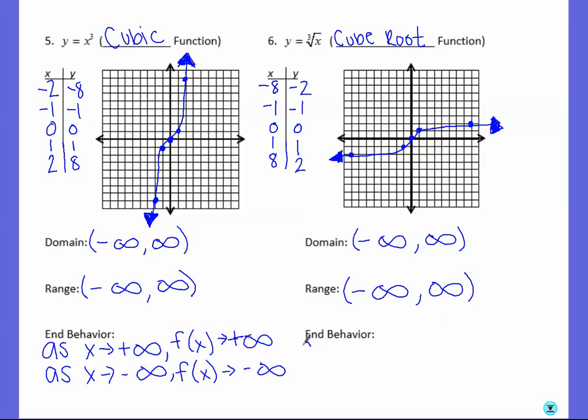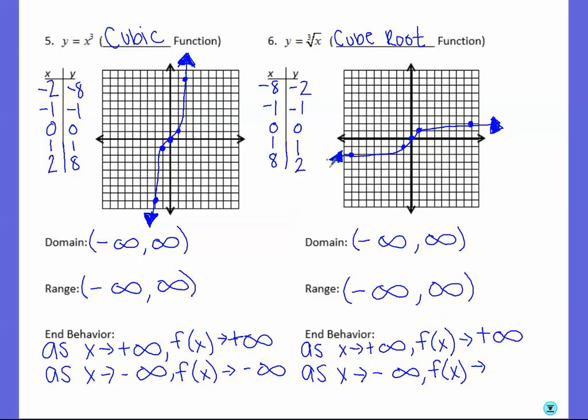Our end behavior, as x goes to positive infinity, f of x goes to positive infinity, and as x goes to negative infinity, f of x goes to negative infinity. Our arrow on the right is very slowly going up, and our arrow on the left is very slowly going down.